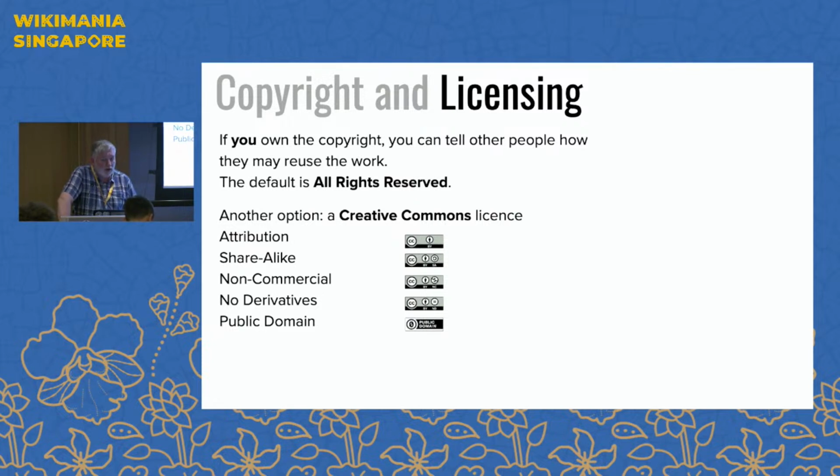They tell people that, no, you can actually do things with this. There's a few conditions, but you are allowed to reuse it. You don't have to come to me for permission. And most importantly, you don't have to come for permission after I've died either, which is very hard to do. Unless you imagine someone at the grave with a Ouija board trying to ask permission of your ghost, I don't know.